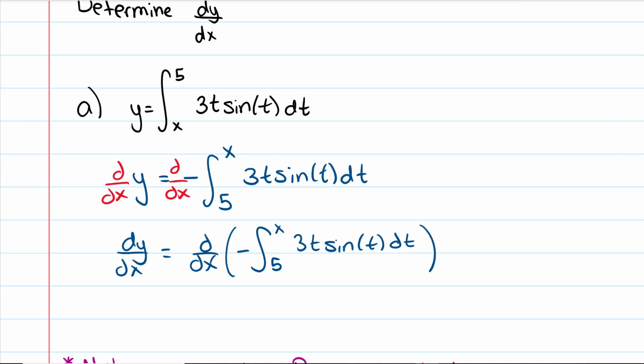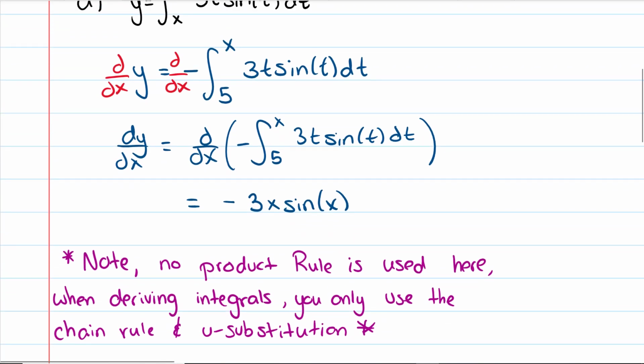So then using the first fundamental theorem of calculus, we get that dy dx is going to be equal to negative 3x sine of x. Now note, I did not use the product rule. You only use the chain rule and substitution when using the fundamental theorem of calculus. The product rule does not come into play, you simply just replace the variables.